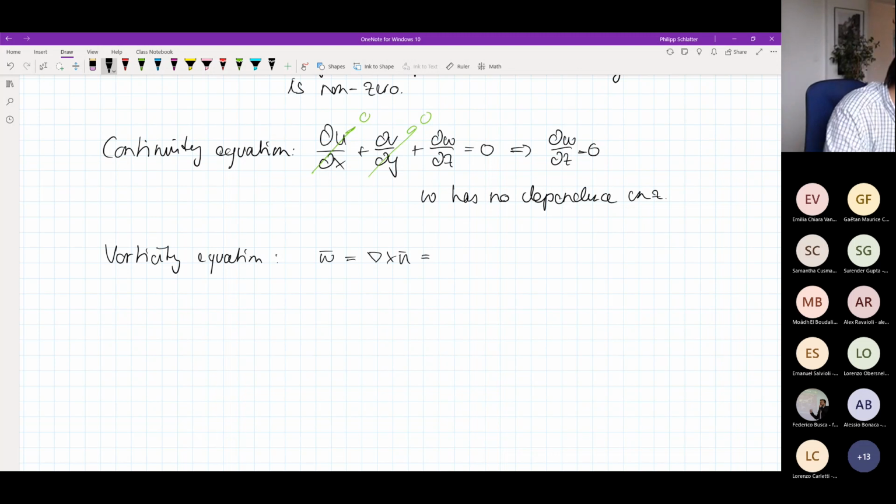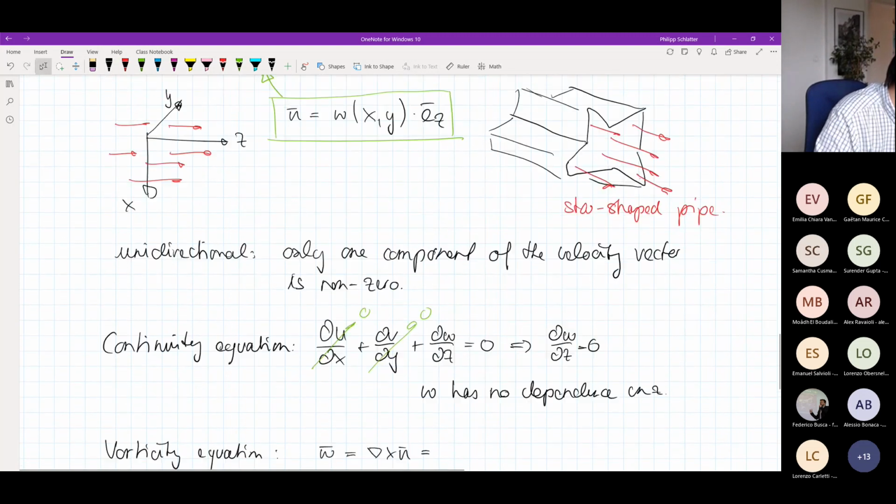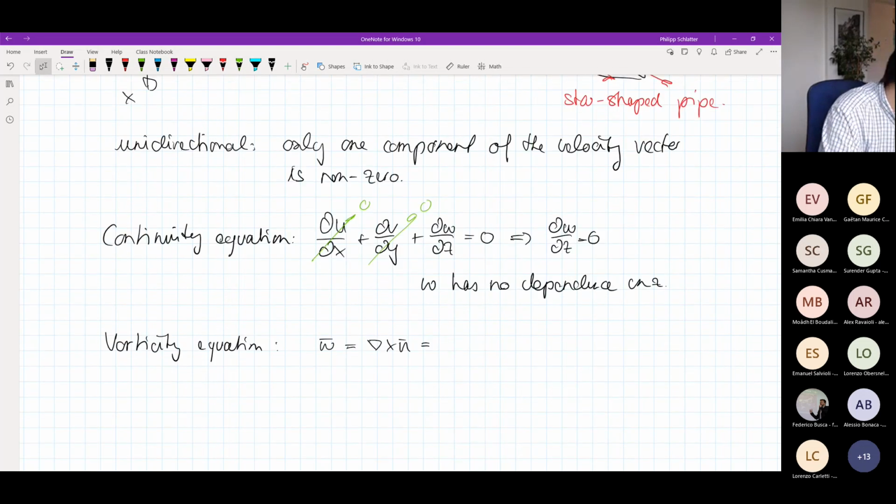And because the velocity is a little bit simpler here, with only one component, I can directly write that this would be dw/dy in the x direction, minus dw/dx in the y direction, and 0 in the z direction.